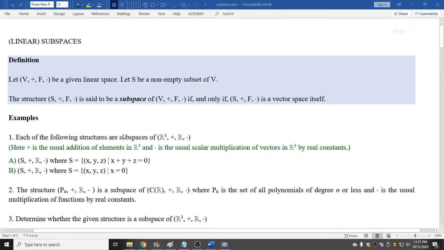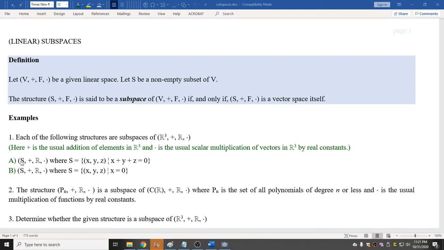Examples. Each of the following structures are subspaces of R3, plus, R, dot. Here plus is the usual addition of elements in R3, and dot is the usual scalar multiplication of vectors in R3 by real constants.